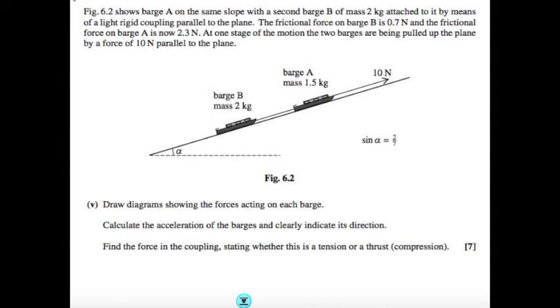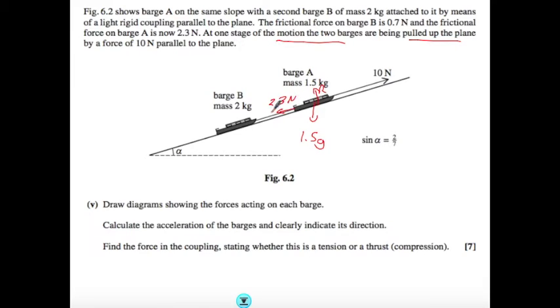Okay, so if we think about barge A, once again we've got the weight 1.5g. We've always got a reaction force which is perpendicular to the plane. The friction is going to be acting down the slope because we're told the barges are being pulled up the plane. So on A, the frictional force was 2.3 newtons.